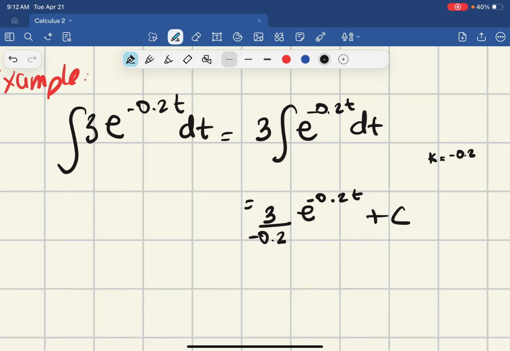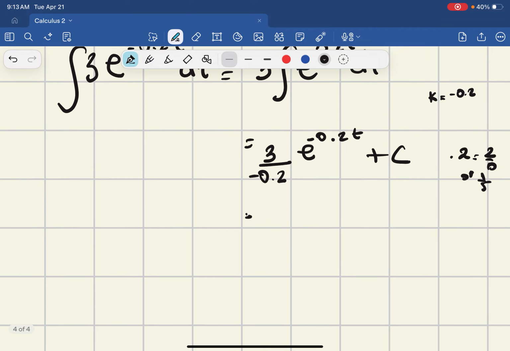Now, usually we don't leave this as a fraction, especially if it has a decimal. Remember that 0.2 is the same thing as 2/10 or 1/5. If you divide by 1/5, you have to multiply by the reciprocal. So this becomes negative 15 times e to the negative 0.2t plus c.